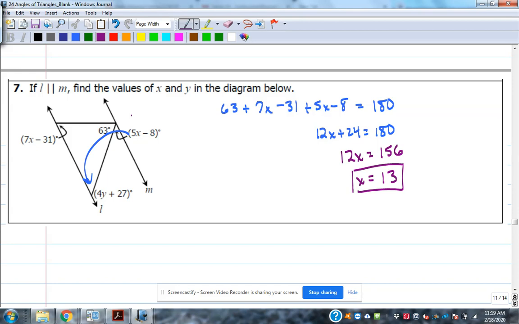So 5 times 13 minus 8, that'd be 65, 57. All right, so then I'm setting up 4y plus 27 plus 57 equals 180. And solve that. So 4y plus 84.